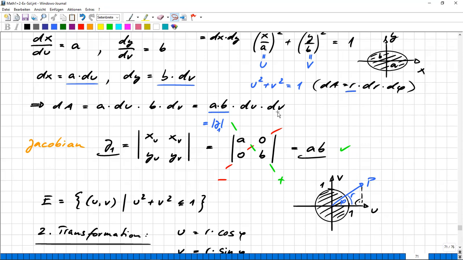And now, although it's very simple, this is probably a good opportunity for you to understand what this famous Jacobian determinant always means.